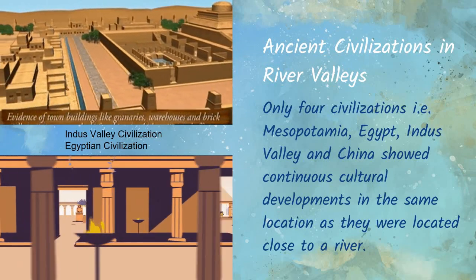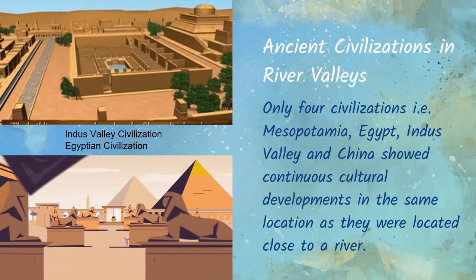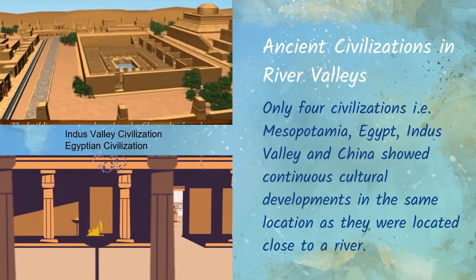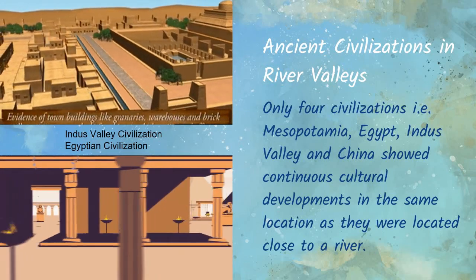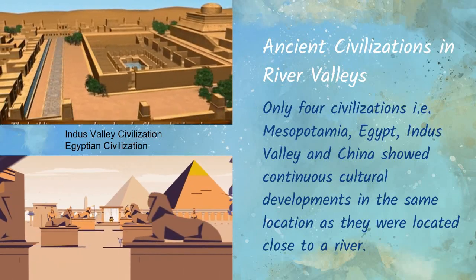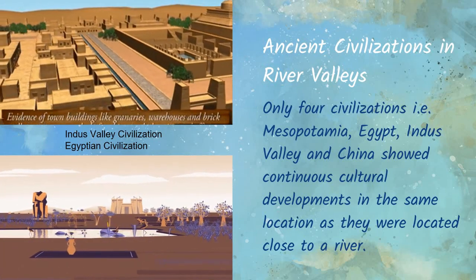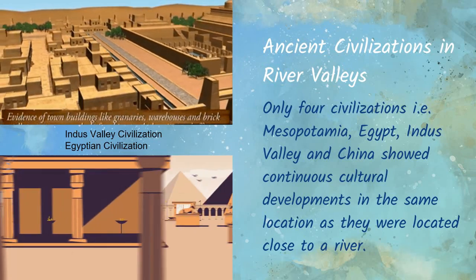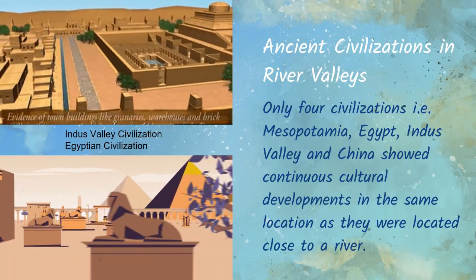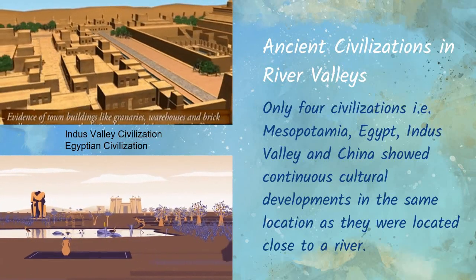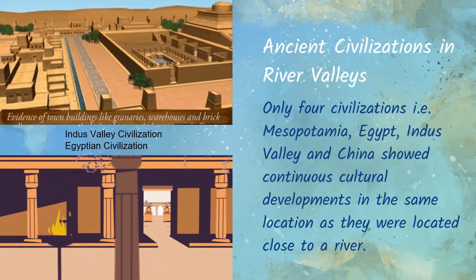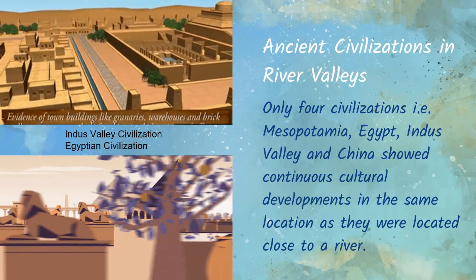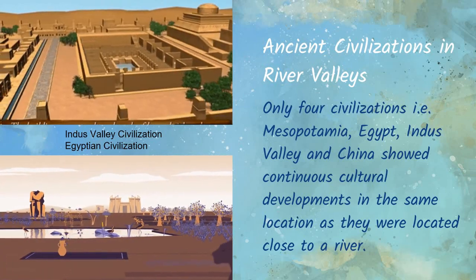Rivers were an important source of fresh water for drinking. They could be used for transportation. Settlers also learned to use the water supply to irrigate the land for farming. Being settled in one place made it possible to domesticate animals in order to provide other sources of food and clothing.